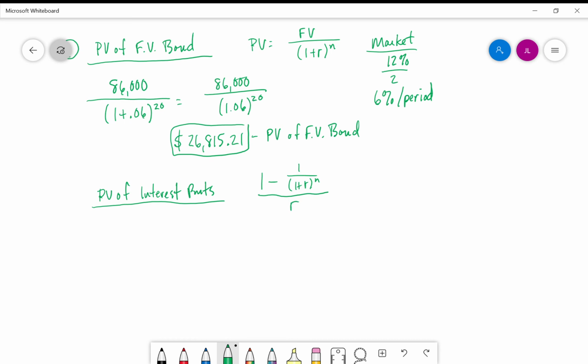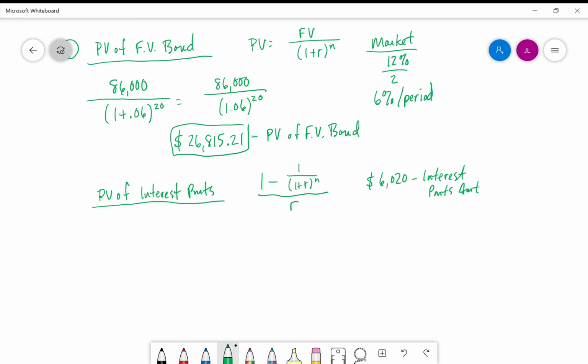So we're going to use this formula to calculate. And remember, we need to know the interest payments of the bond. If you'll remember, that was $6,020. That's our interest payment per bond. We calculated that earlier.